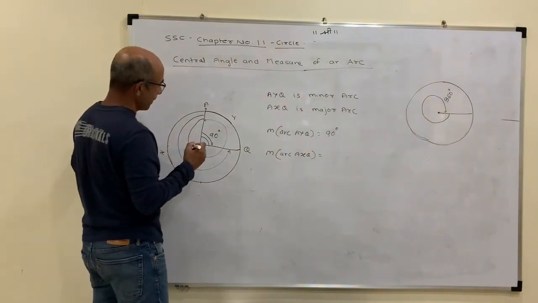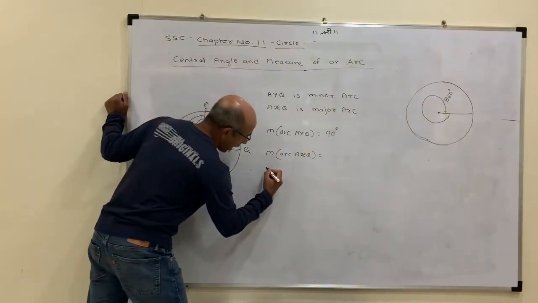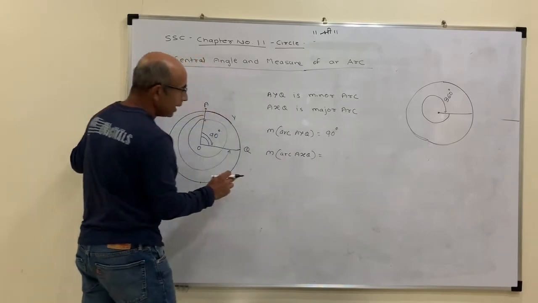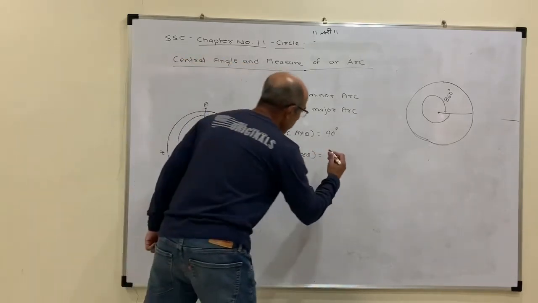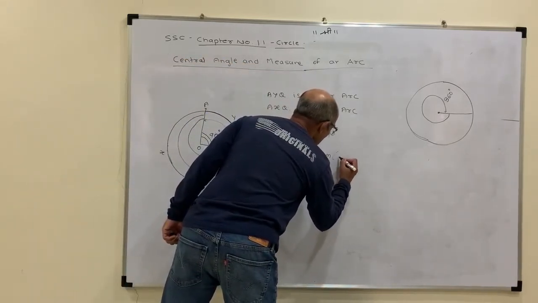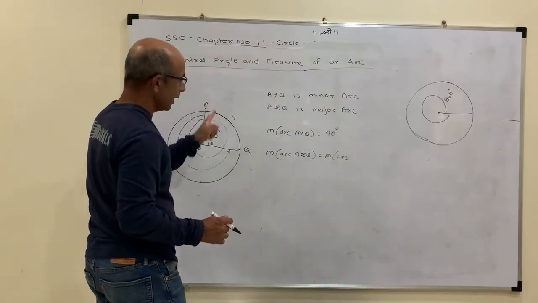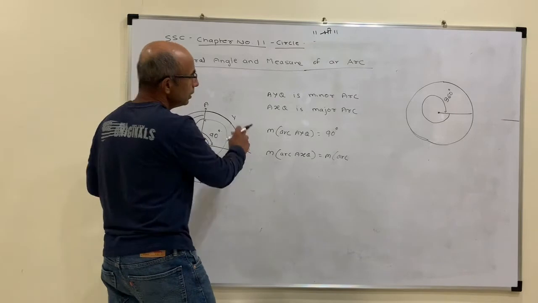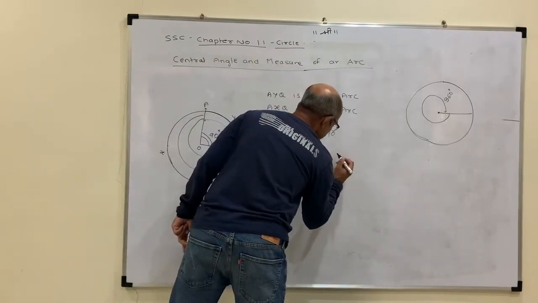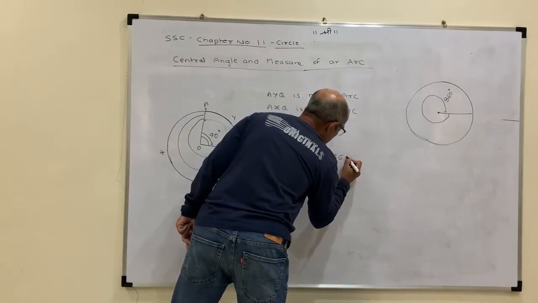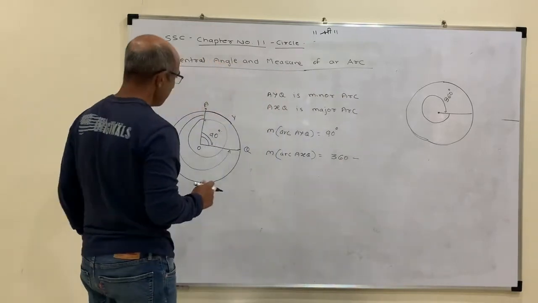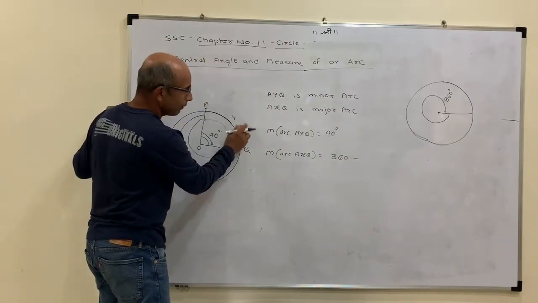So you can say measure of arc AXQ equals measure of arc AXA, or total, which is 360, minus measure of arc AYQ.